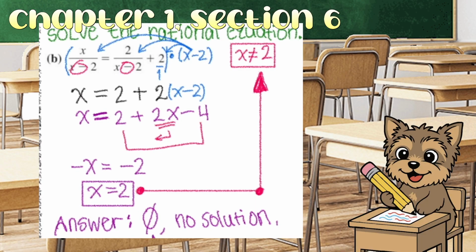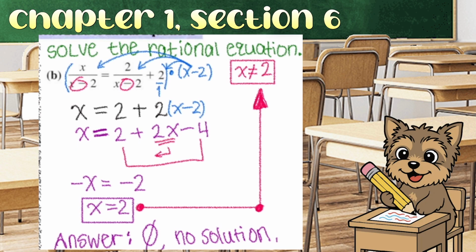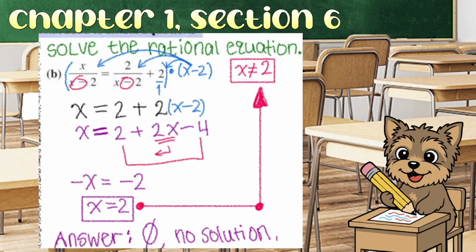That means the empty set, right? So any version of that. So no solution in this example. Make sure you're checking for your extraneous solution. And again, the spelling of extraneous, there you go. Extraneous.